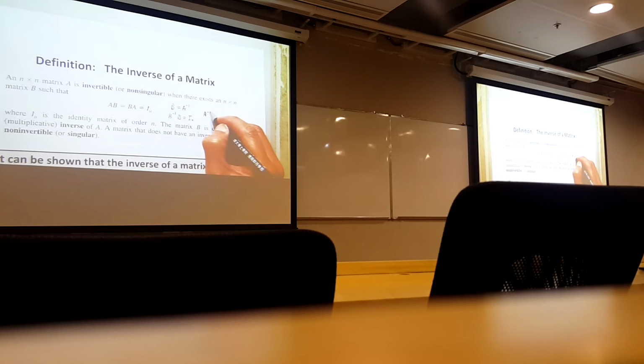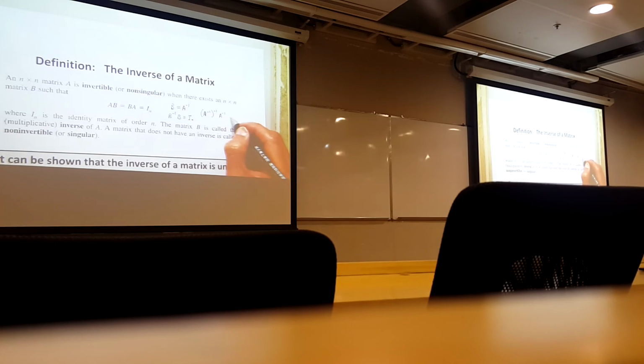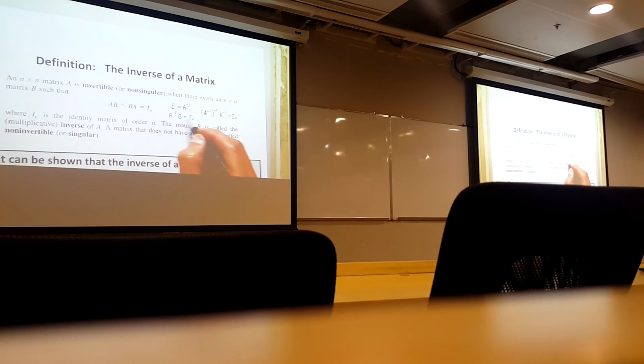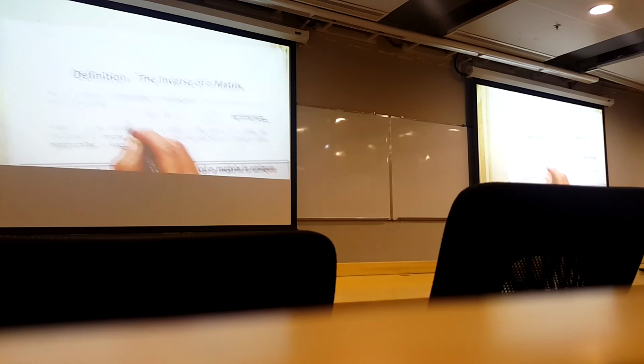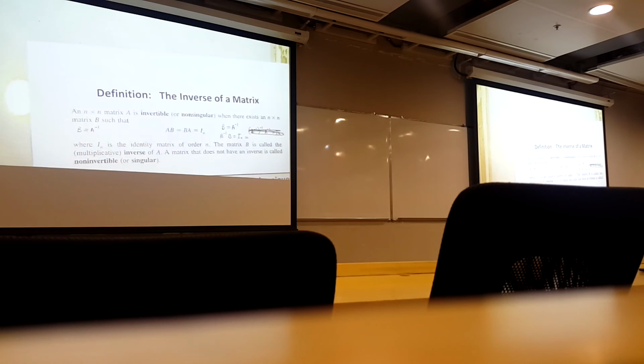A inverse is B, and the inverse is B's inverse times B. B is A inverse, okay, which is the identity. Now, I write it once again. B equals A inverse.